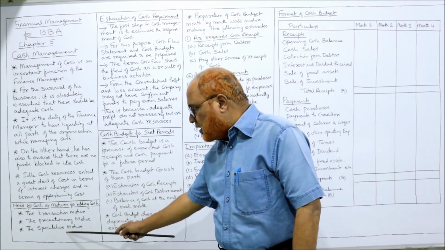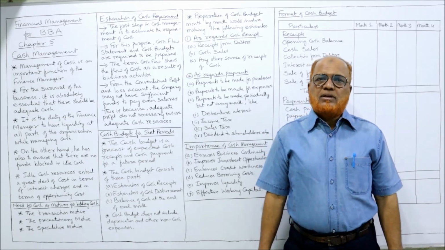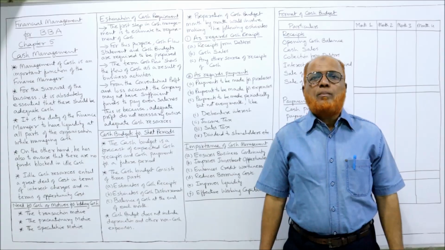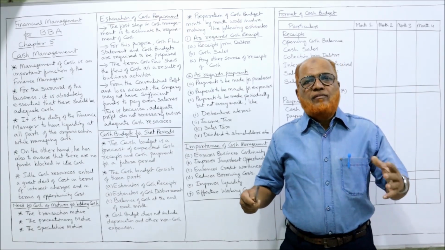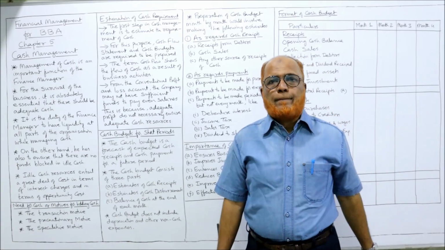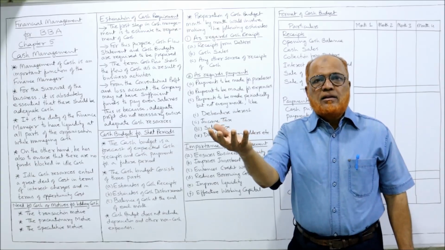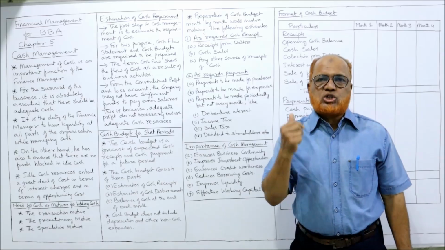Third motive, speculative motive. Speculative motive means if you have the money, you can encash the opportunities. In future, we don't have only risk, we also have opportunities. If an opportunity is arising, the business can grab that opportunity if it is having cash.